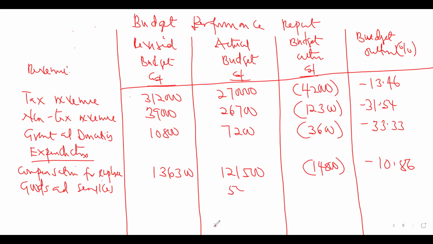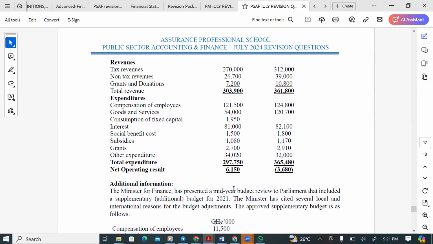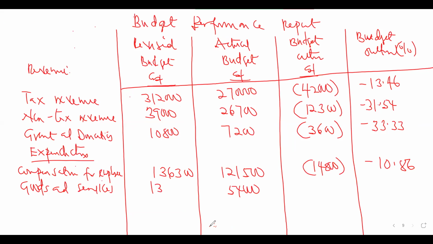Okay, can we get a revised for the goods and services? 13,770. Okay. 7,700. What is happening there? They spent less. Okay.